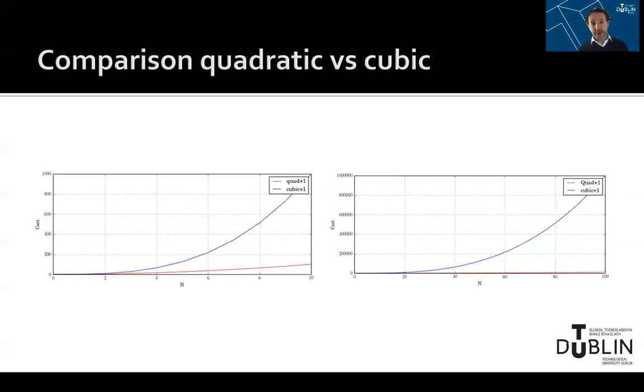Now, between quadratic and cubic, this illustrates that when you have quadratic, within 10, you have 100. But with cubic, you have 1000. It's hugely different. When you even go out to 100, you can't see the quadratic anymore. It's so small in comparison to cubic. So a cubic algorithm is something you don't want.